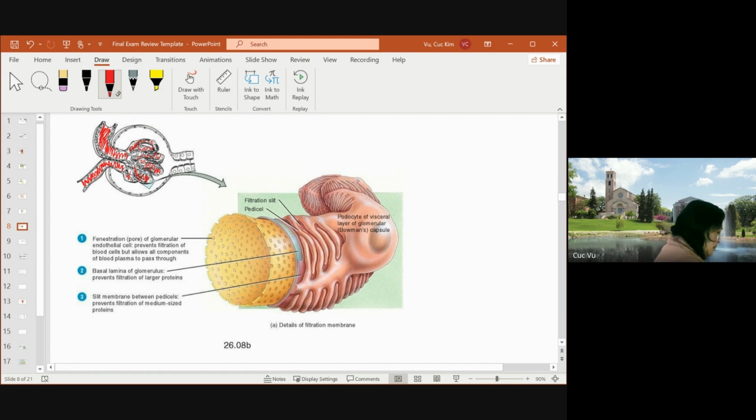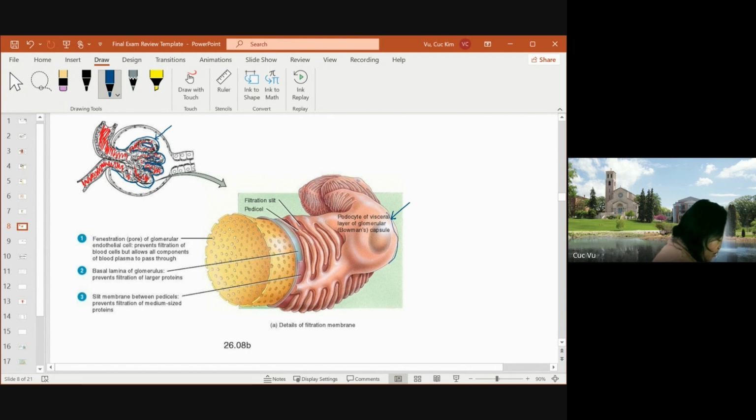Surrounding the blood vessels, you will find the glomerular capsule. The glomerular capsule has two layers, the one that is on the inside, and I'm drawing it in blue. That layer is composed of these podocytes that look like feet.